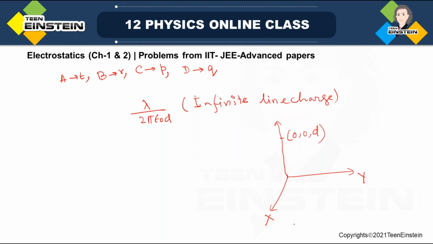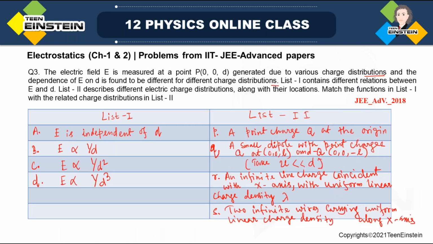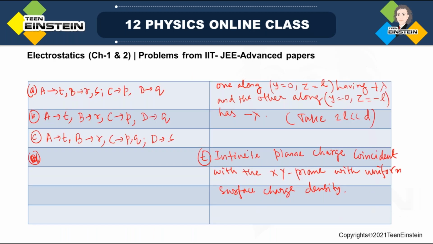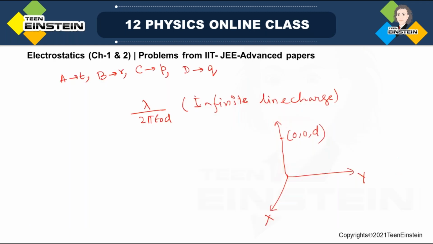Now the infinitely long charges, one is at y is equal to 0 and z is equal to L. From origin, it is somewhere like this. This is infinitely long charge and it has lambda plus lambda.